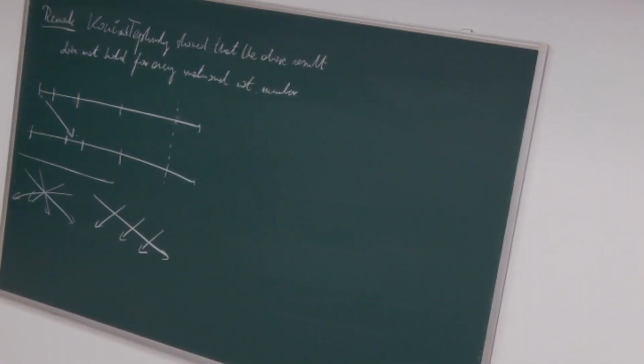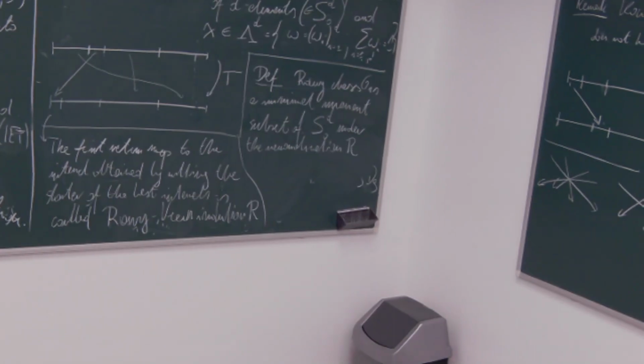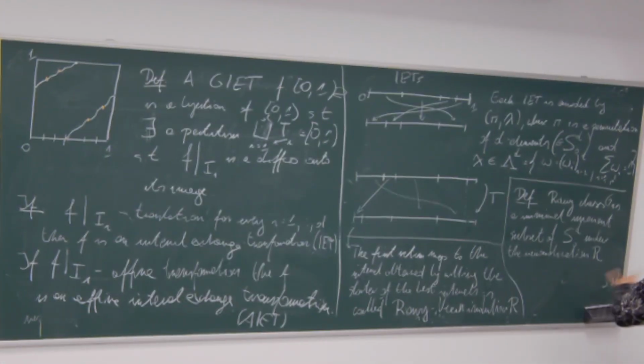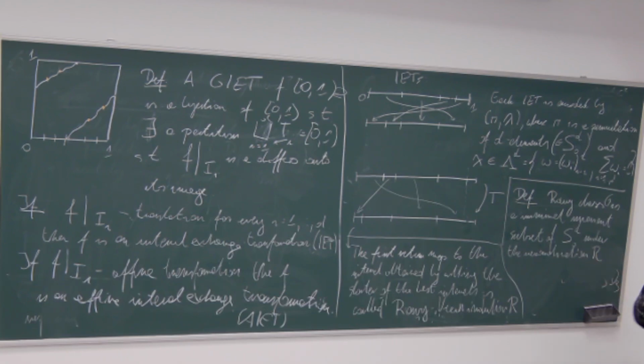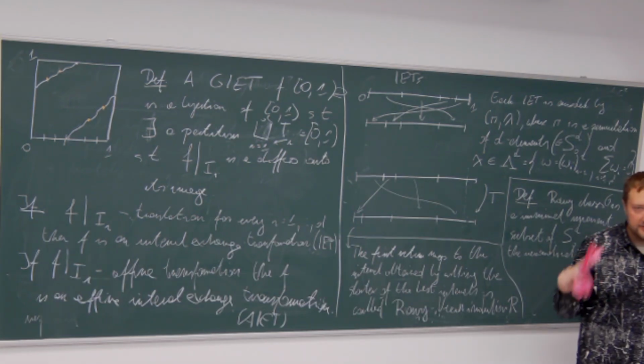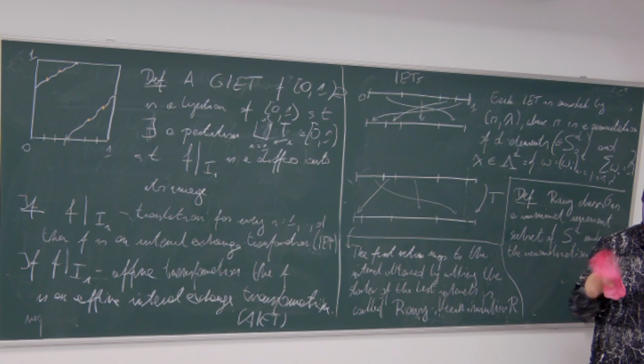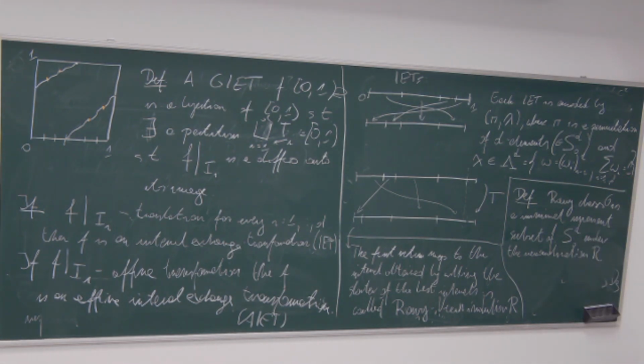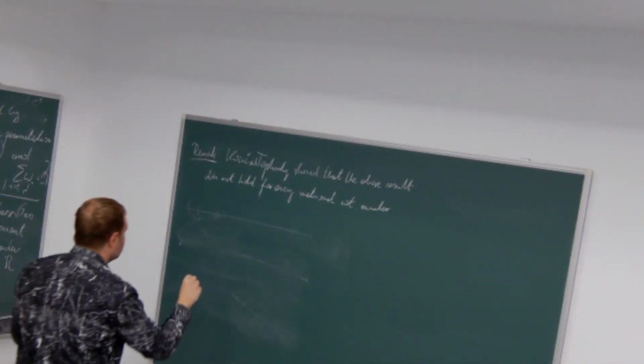So finally, I can tell you what it means to be of bounded type. Thank you, all those comments were very useful because this 2 to 1 is going to appear now. So let's go back a little bit to the rotation case.